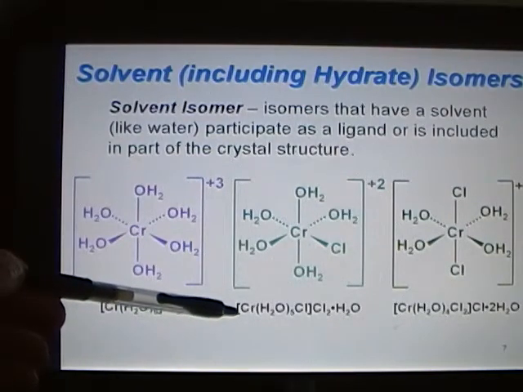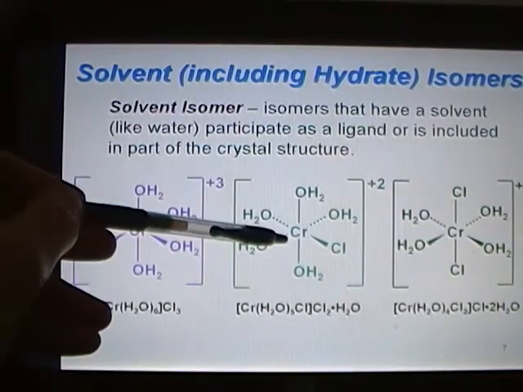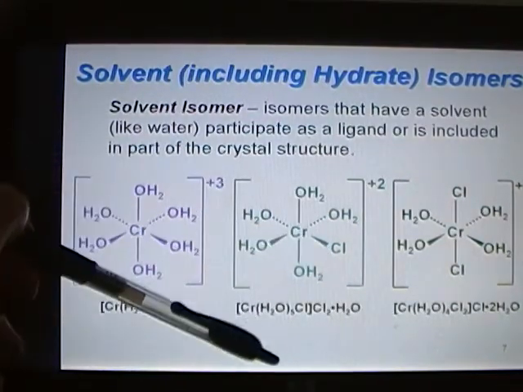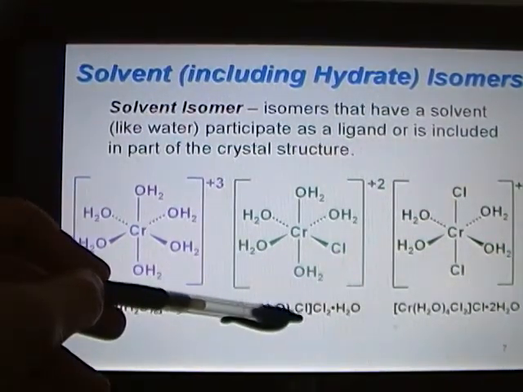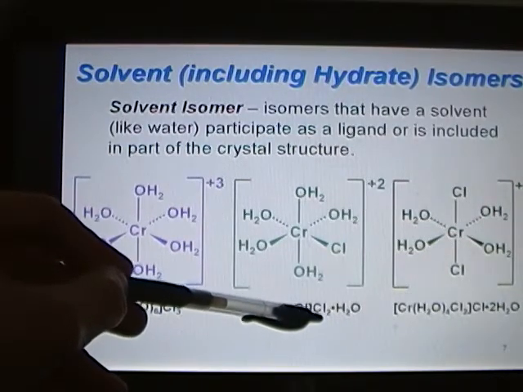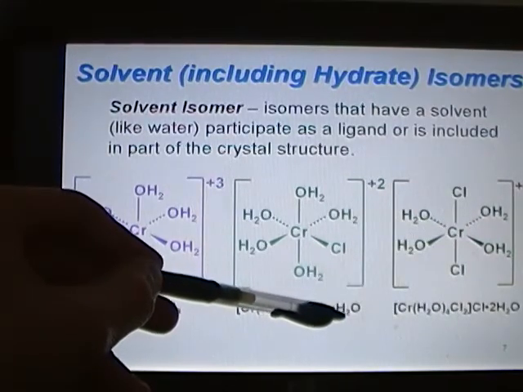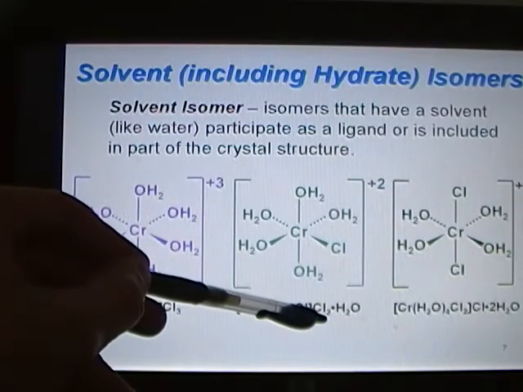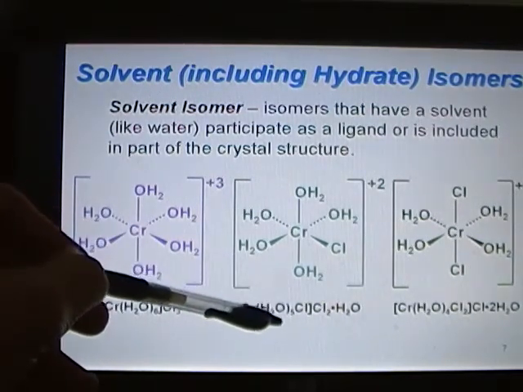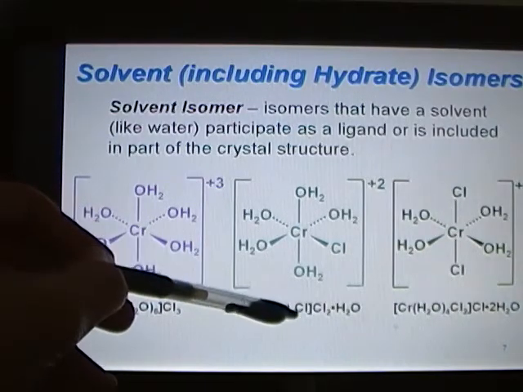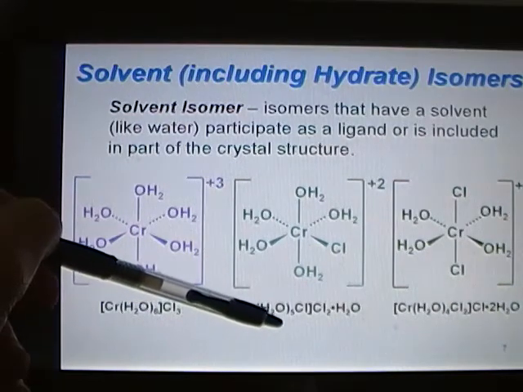In the second case, you have 5 waters bonded to the chromium and 1 chloroligand. The formula for this compound is [Cr(H2O)5Cl]Cl2·H2O, that's the complex ion. So there's 1 molecule of water outside, 2 Cl minuses that form ionic bonds with this complex ion, 5 waters on the inside, and 1 chloride on the inside, satisfying the secondary valence.